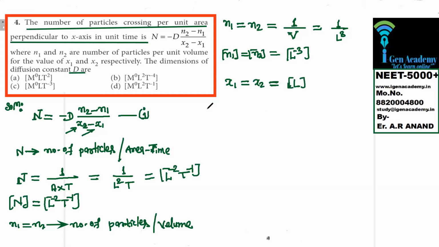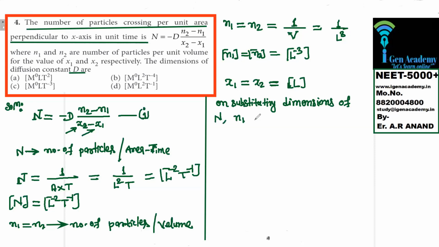Now let us substitute all these dimensional formulas in equation 1: the dimensions of capital N, small n1, small n2, x1 and x2.